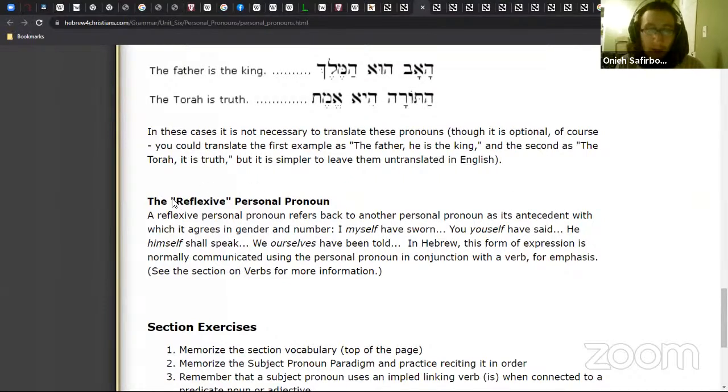You see right here, the reflexive personal pronoun refers back to another personal pronoun as its antecedent with which it agrees in the indefinite number. In Hebrew, this form of expression is normally communicated using the personal pronoun in conjunction with the verb for emphasis.